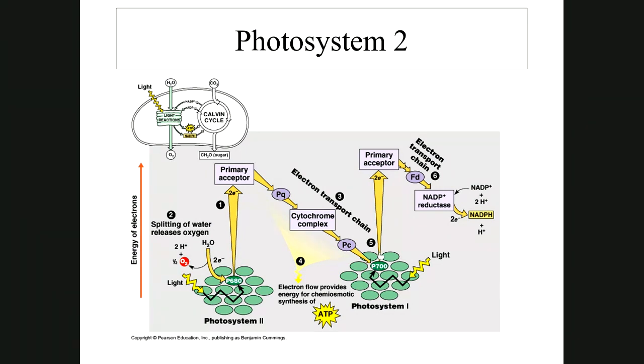They're sent to a high energy electron acceptor and start going down the electron transport chain again, but they're picked up by NADP to make NADPH plus H. If you remember, the products of the non-cyclic photophosphorylation are ATP, NADPH plus H, and oxygen.